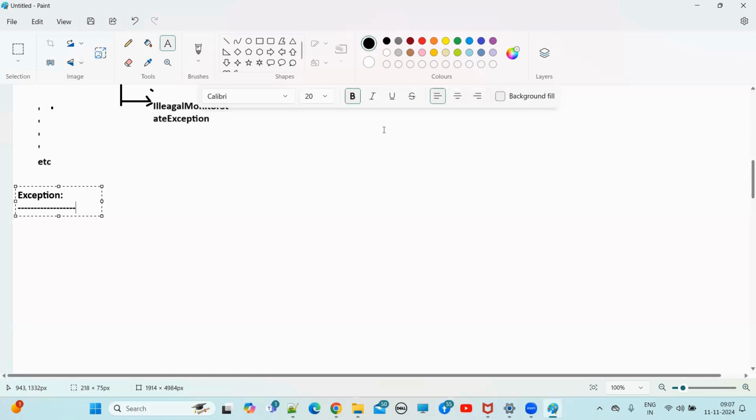We have written one program, and somehow something is happening in the code we have written, so due to that these exceptions are coming. Most of the cases, exceptions are caused by our program. These are recoverable.